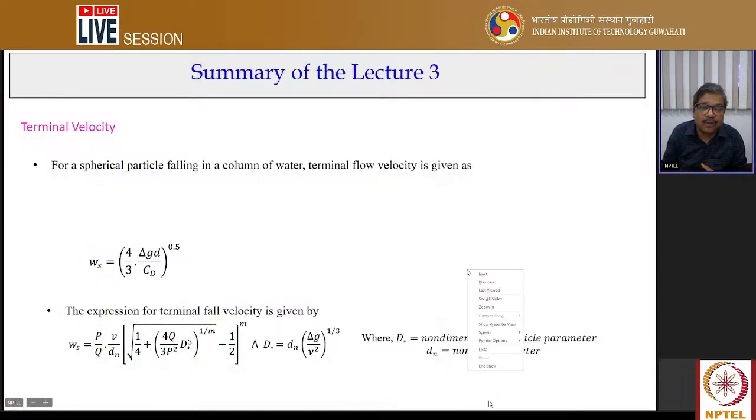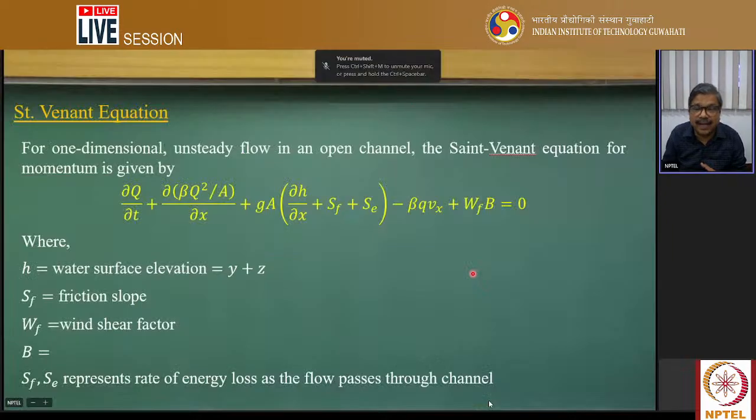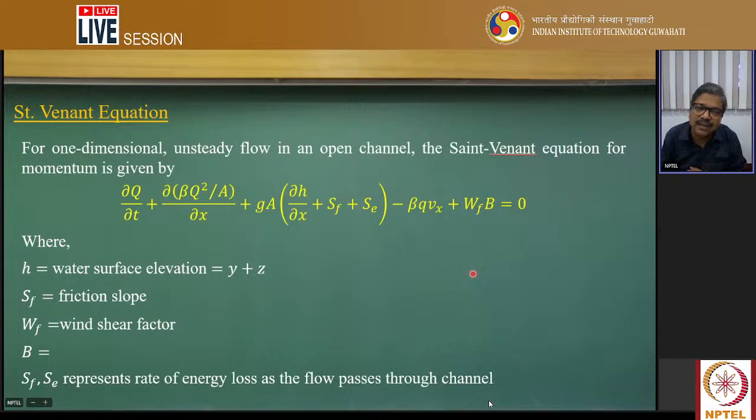So the basic idea is that we try to understand it. We follow very basic mass conservation equations and the linear momentum equations. These are the one-dimensional unsteady open channel flow equations, where you can see that wind shear factors are also considered, and where you have the energy slope.